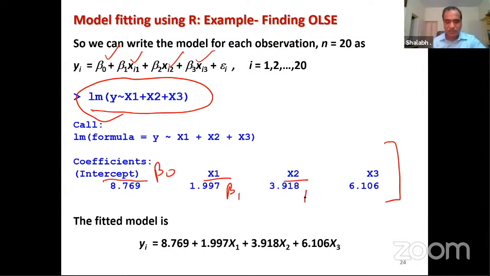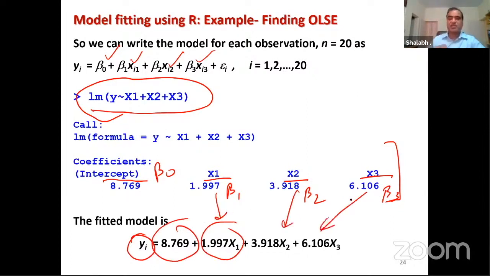This is x2, the value of beta 2. This is x3, the value of beta 3. So I can write down the model: y is equal to 8.769 plus 1.997 x1 plus beta 2 x2 plus beta 3 x3. So by looking at this outcome, you can find out the model.